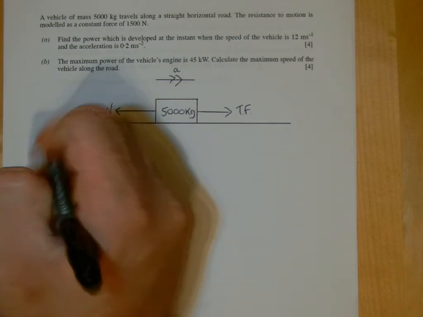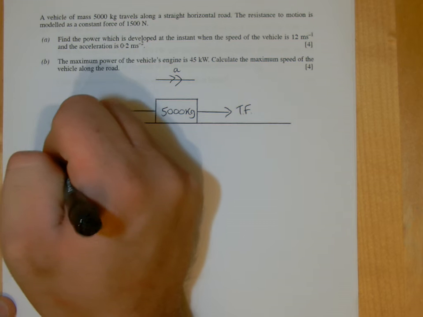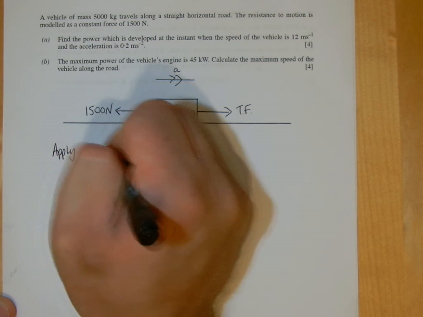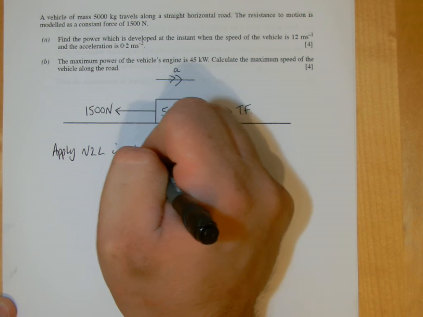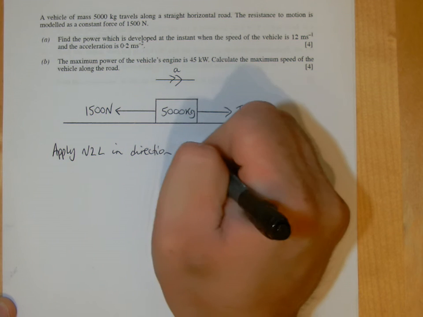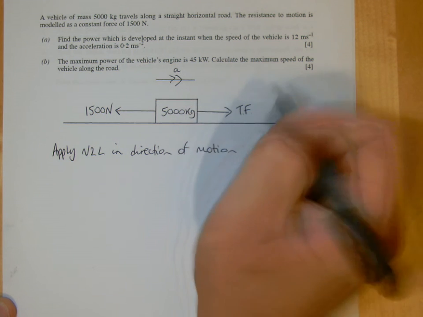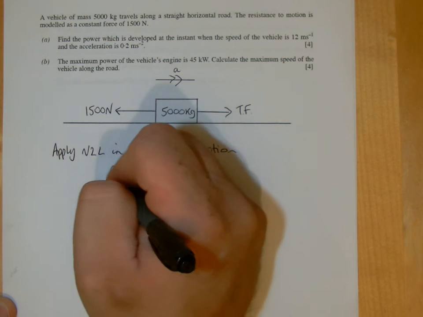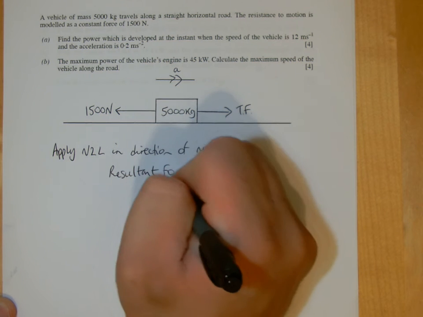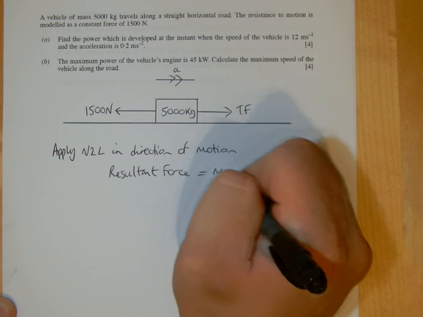What we can do is apply Newton's second law to this in the direction of motion. On my diagram it is moving to the right. With Newton's second law, we know the resultant force equals mass times acceleration.